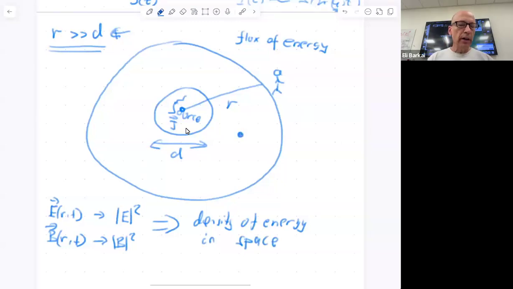So in some point here, there is some electric field E and some magnetic field B, and these give you density of energy. And these are changing in time and space. It's very complicated depending what are these fields here.